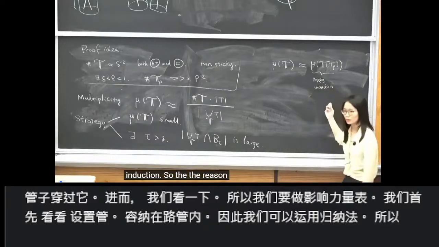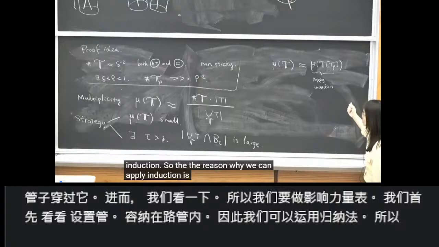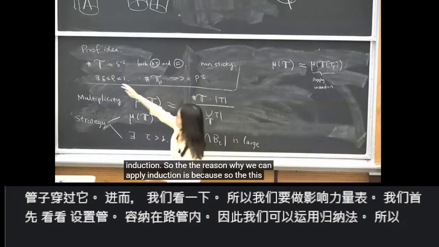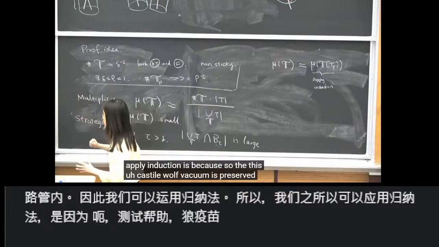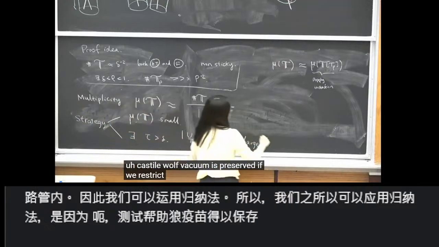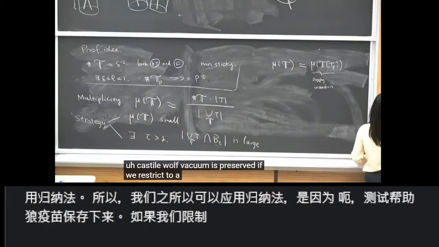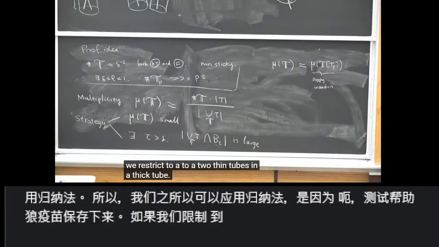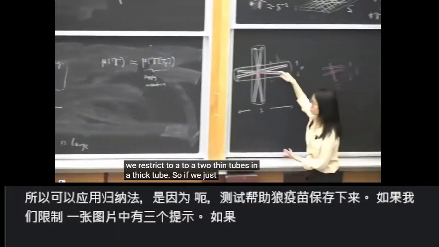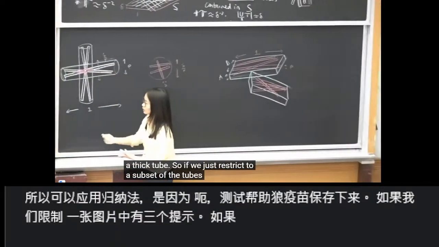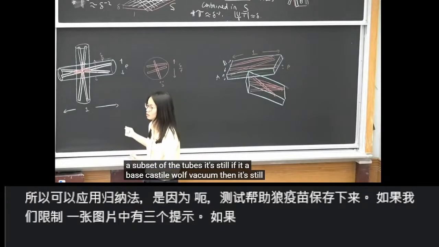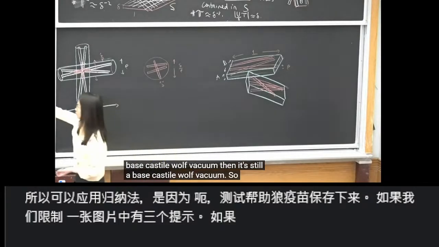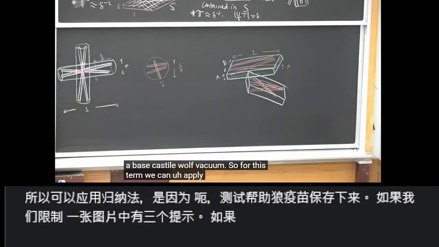The reason why we can apply induction is because this Kakeya Wolff axiom is preserved if we restrict to thin tubes in a thick tube. So if we restrict to a subset of the tubes, and it obeys the Kakeya Wolff axiom, then it still obeys the Kakeya Wolff axiom. So for this term, we can apply induction.